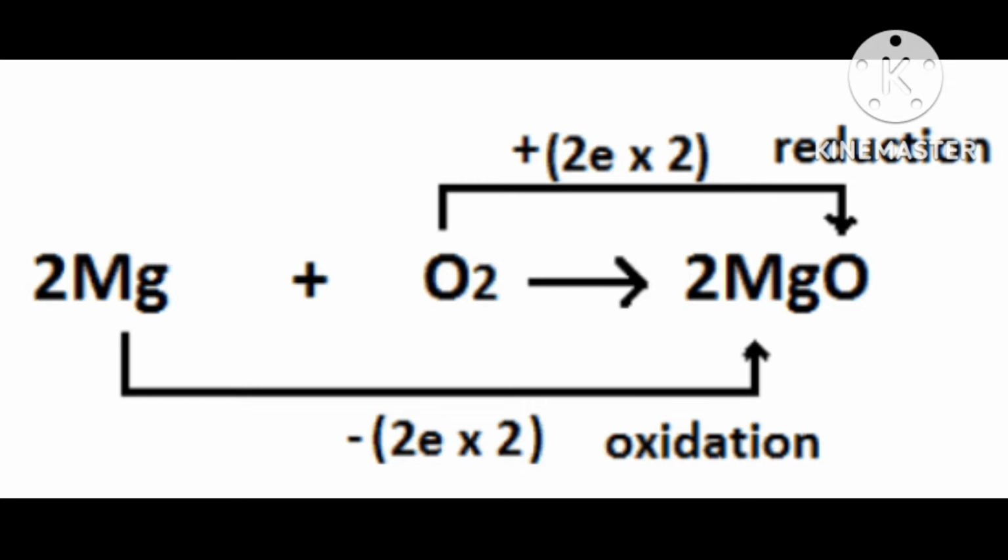Hence the oxidation number of carbon in CO2 is +4, and oxygen is -2. Already you know.